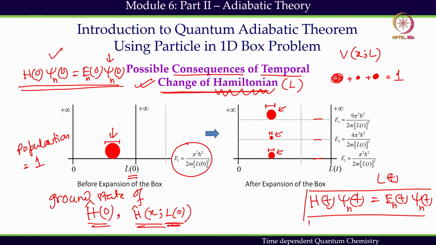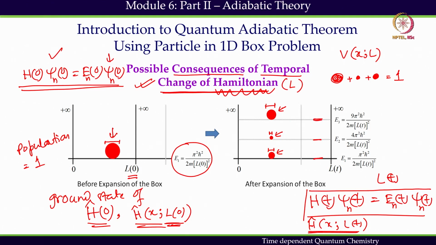When I say final HT, more specifically it is H(x; L(t)). That's the Hamiltonian. For this particular Hamiltonian, I'll be able to get different states, and it may so happen that these states are populated in a certain way.